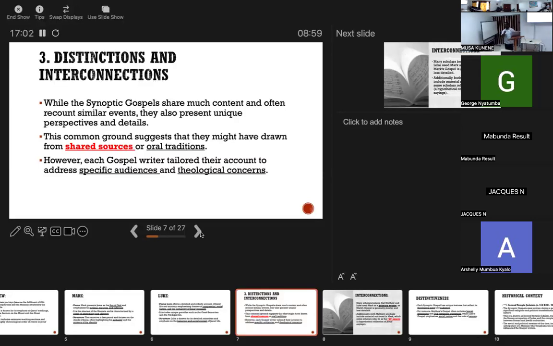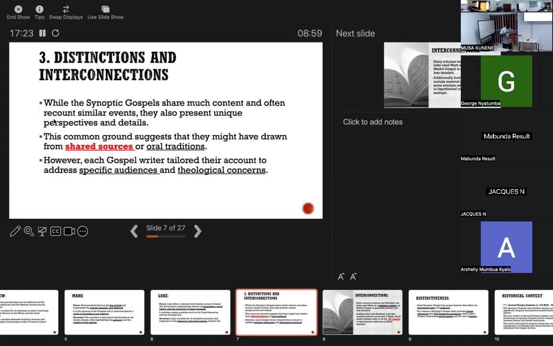And those we are going to look at now. There is an element of uniqueness in each of the three Gospels, though they are synoptic in most of their material.